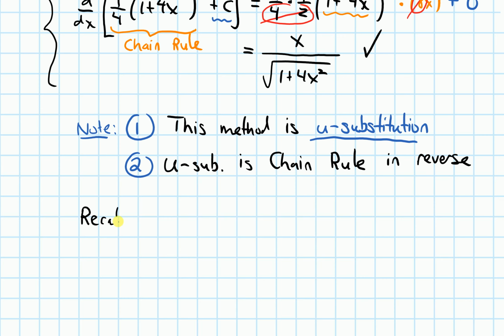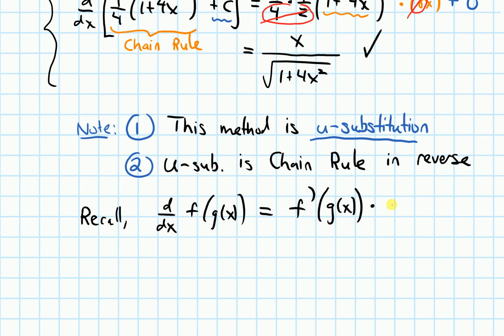So recall that when we do the chain rule, if I take the derivative of a composition of functions, let me just write it like this: derivative of f of g of x. Chain rule says take the derivative of the outside, f prime, keep the inside the same, g of x, but then multiply by the derivative of the inside. So multiply by g prime of x.